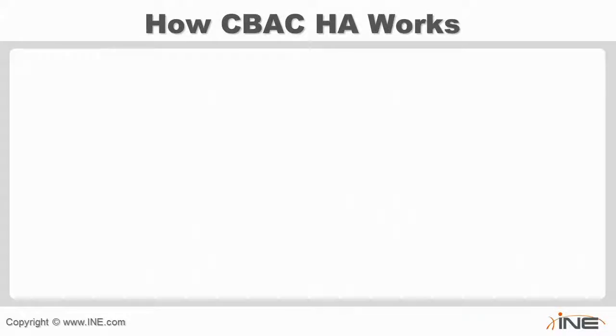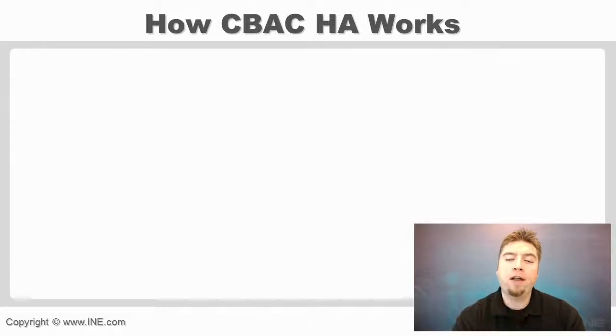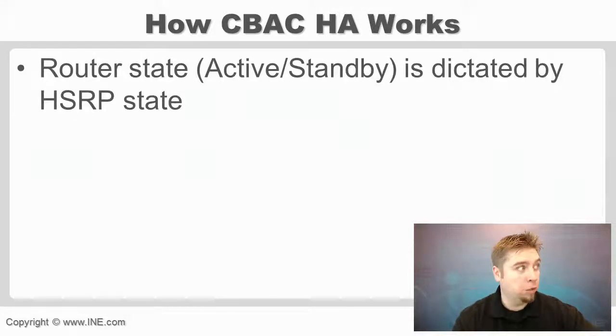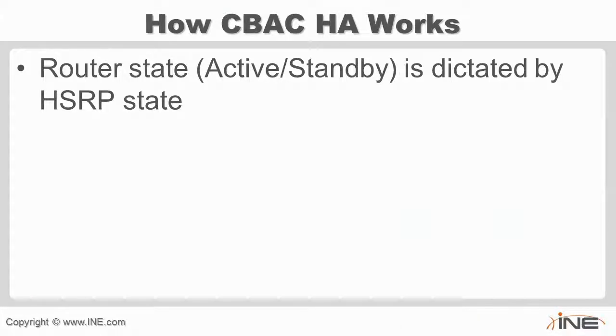The way that this works behind the scenes is that there are two different control plane protocols that we need to worry about in order for the inspection high availability to work. The first, as I mentioned, is HSRP. HSRP is going to dictate which router is the active forwarder and which one is the standby forwarder for the firewall.